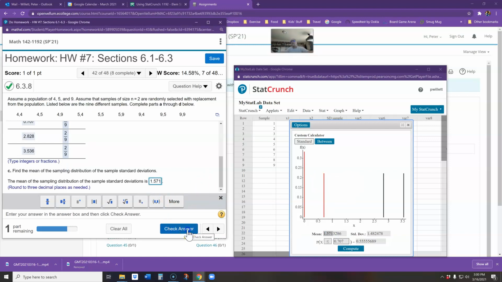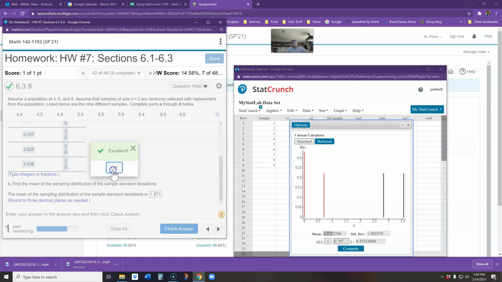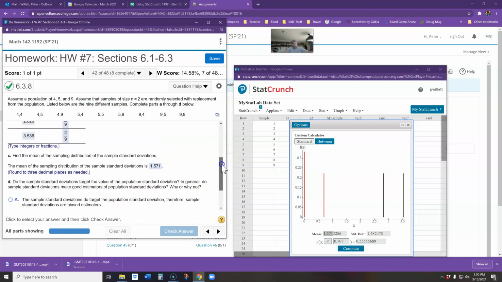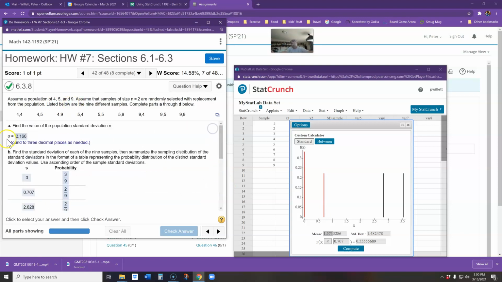So why are they doing all this? They're doing all this because they want you to compare sort of the expected or mean value when you're sampling all possible samples from a population and looking at their standard deviations. The mean comes out to be 1.57. But when we took the standard deviation of the population itself, we got 2.160. So that's pretty far off.